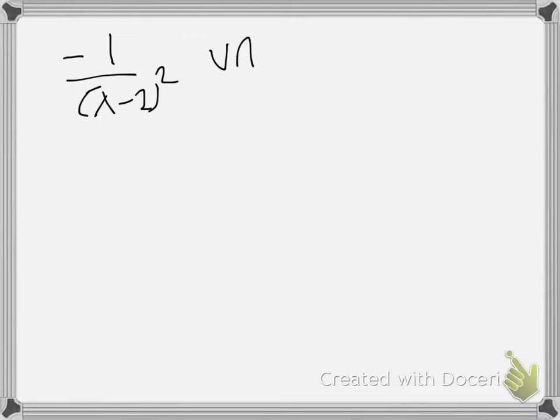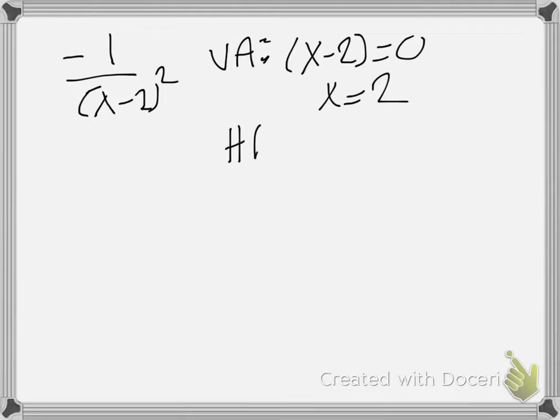Vertical asymptotes. I have x minus 2 equals 0. So x equals 2 is a vertical asymptote. The degree of the top is less than the degree of the bottom, so I have a horizontal asymptote at y equals 0.